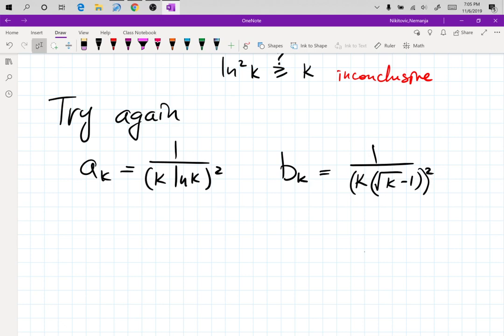Okay, and over here, 1 divided by, why is that a p?